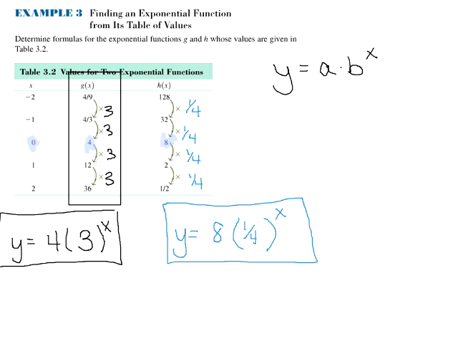Yeah, so 3 makes the value increase and 1/4 makes the values decrease. So we technically have different types of exponential functions that are occurring based off of that. So the first example with the 3, if your base is greater than 1, right?